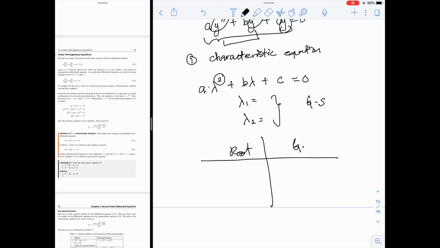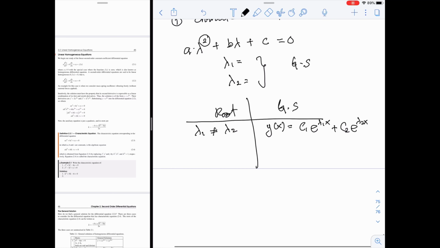The first one: if you have different roots, then your general solution is c1 e to the lambda 1 x plus c2 e to the lambda 2 x.